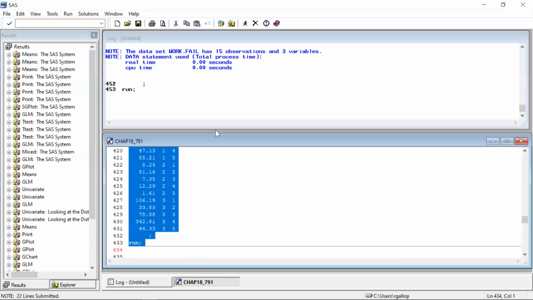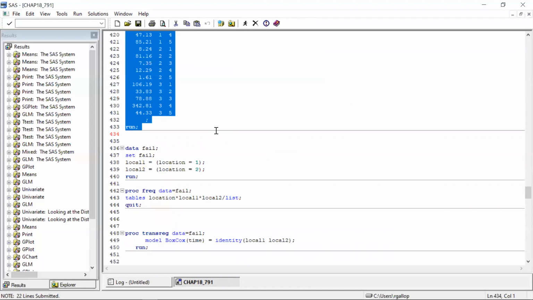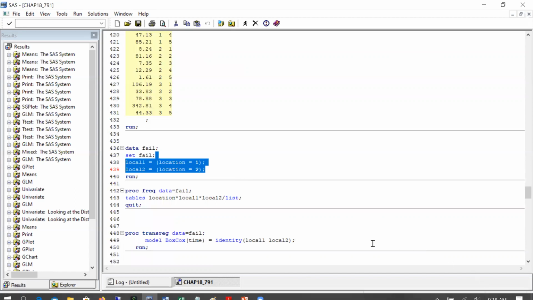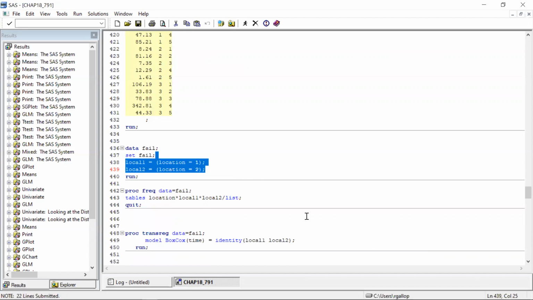Now to use TRANSREG to fit the Box-Cox, TRANSREG doesn't have a class statement, so I'm creating two dummies right there, lines 438 and 439. These will give you 0, 1 indicators as we move forward.